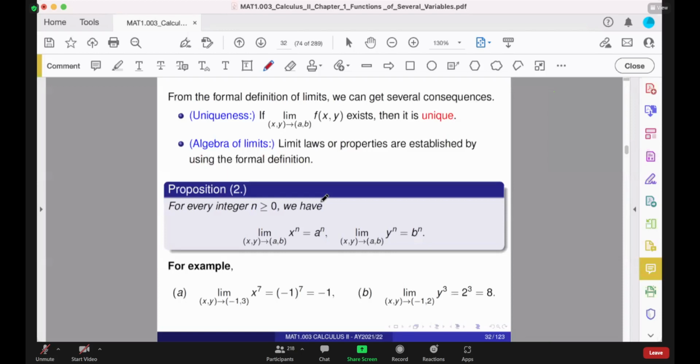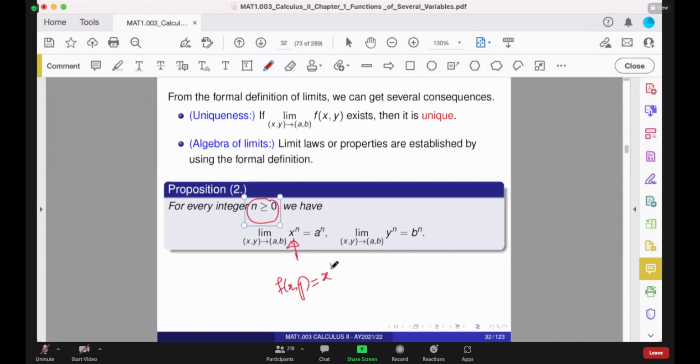And it is very easy to prove proposition 2, for n a non-negative integer. If a function f(x,y) depends on x only or on y only, then consider the point (x,y) tending to (a,b). For the first case, you don't have to care about b, no y.